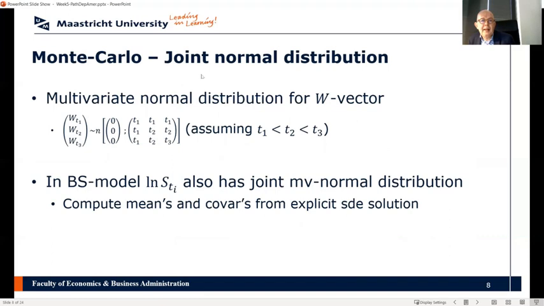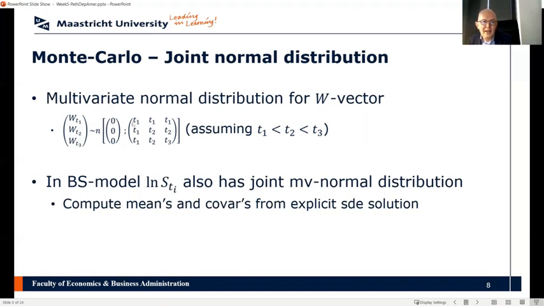For example, if we consider the Brownian motion at 3 different time points, assuming that T1 is less than T2 is less than T3, then the vector of length 3, W(T1), W(T2), W(T3), is a trivariate normal distribution with mean 0, 0, 0, and with variance-covariance matrix equal to the minimum of Ti and Tj.